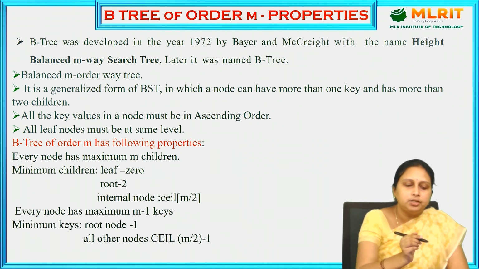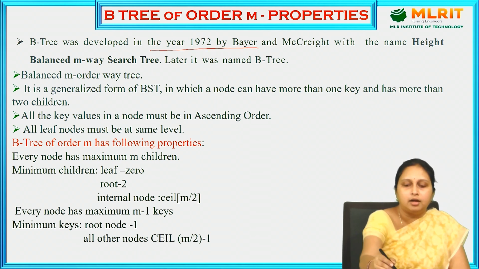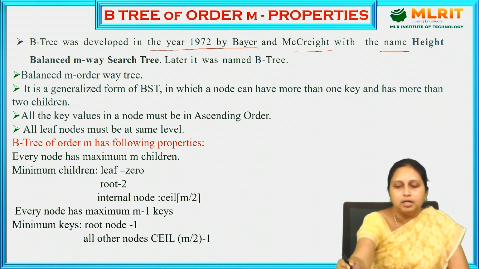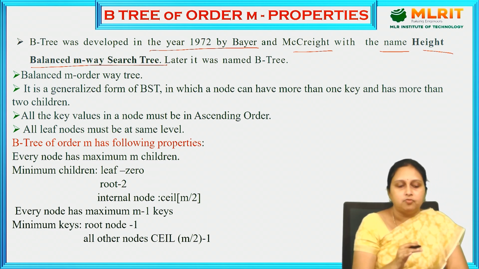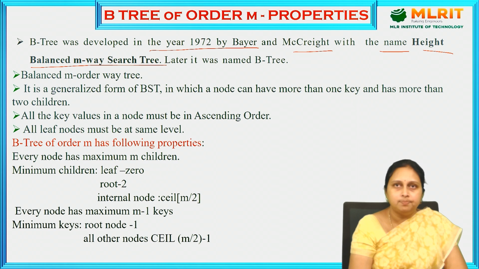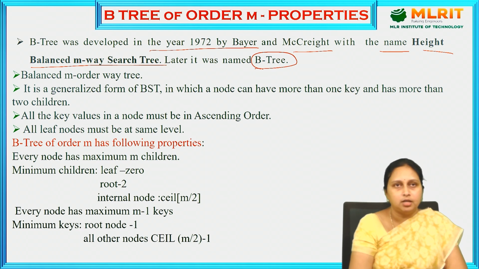And this B tree was developed in the year 1972 by Bayer and McCreight with the name Height Balanced M-Way Search Tree. First, it was developed by these two people, Bayer and McCreight, and the name given for that is Height Balanced M-Way Search Tree. Later on, it was named B tree. Okay. And here it is going to follow some properties.